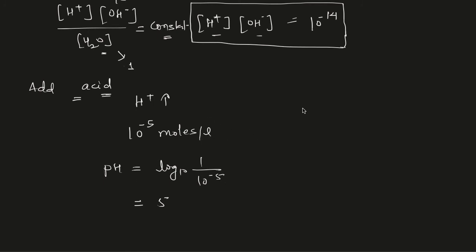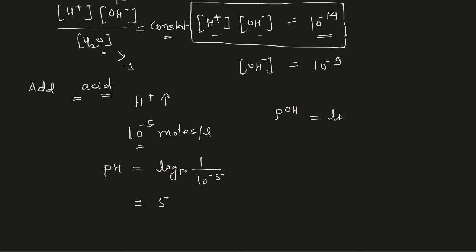Then similarly we can calculate pOH also, potential for hydroxyl ions. If the concentration of hydrogen ion is 10 to the power minus 5 moles per liter, and this product of concentration is constant, then using this equation we can find out that the hydroxyl ion concentration will be 10 to the power minus 9.